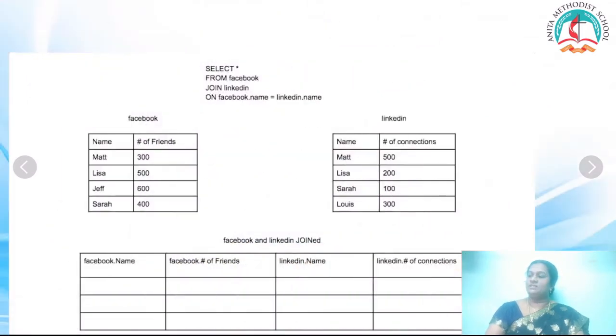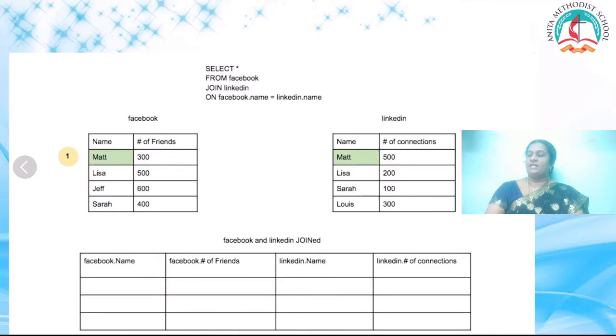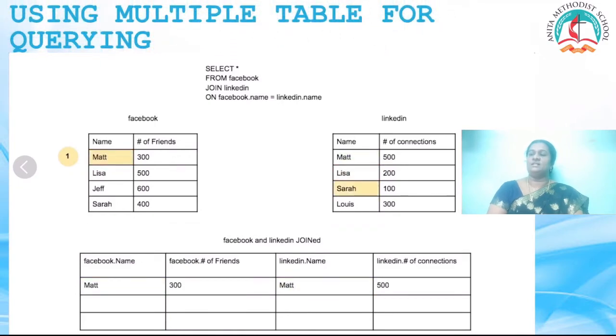Okay. And next, what you are going to do is the next topic. Look at the picture and tell me what is the next thing we are going to learn. Yes. Multiple tables for querying. Table 1, table 2. See here the Facebook table is here, and then the LinkedIn table is here. Okay, the number of friends is displayed here. The number of connections with the friends is being displayed here.